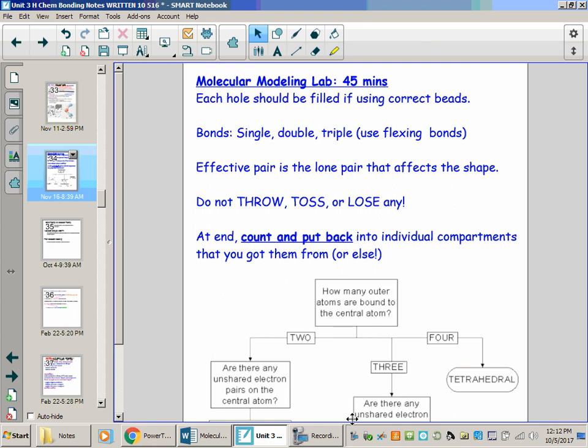Just build. I don't know what to do. Any color as long as you can justify it. Just right here. Get a black one. Okay, just build. It's like this.